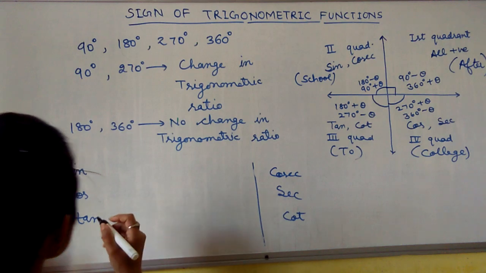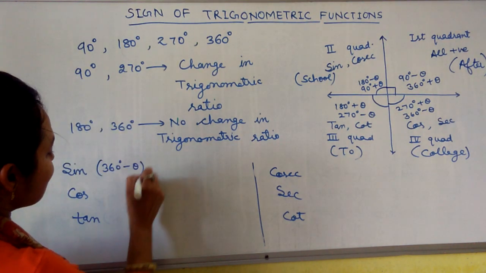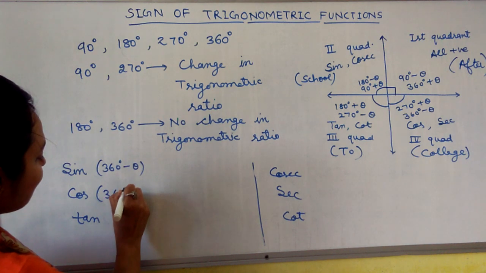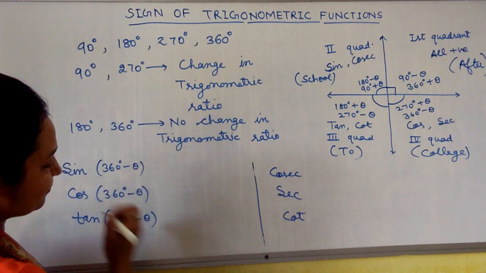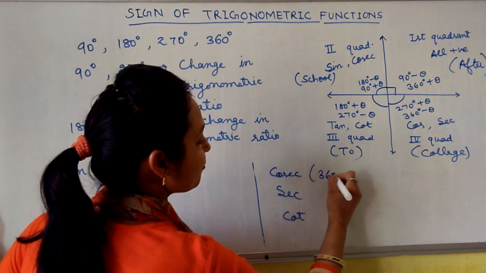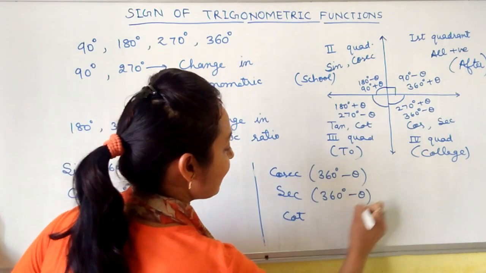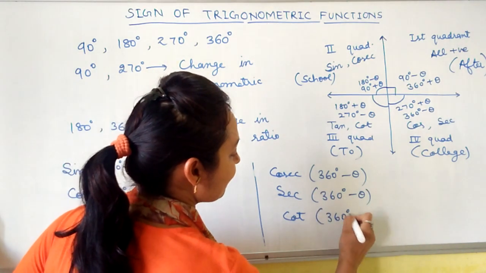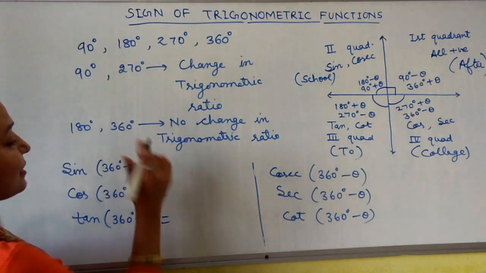So come to 360 minus theta. The trigonometric ratio will not be changed at 360.